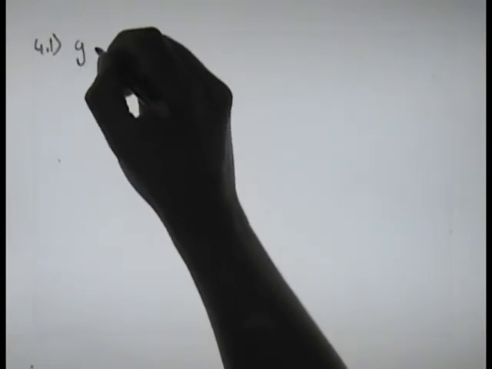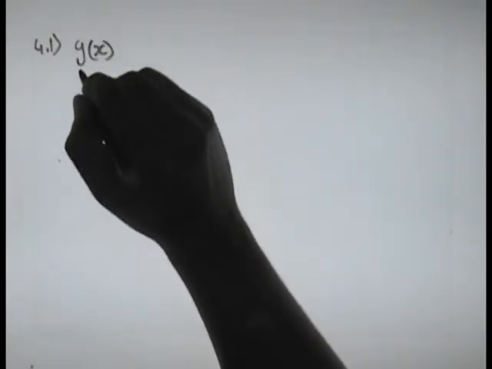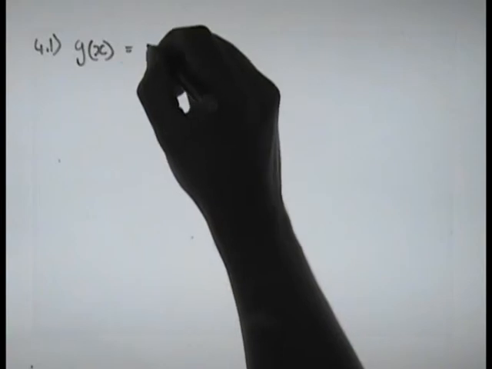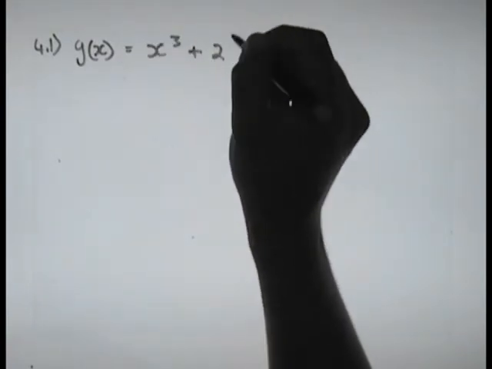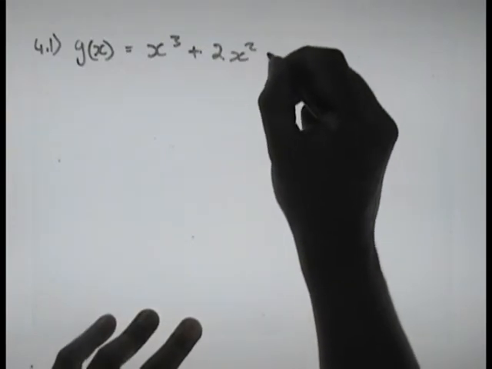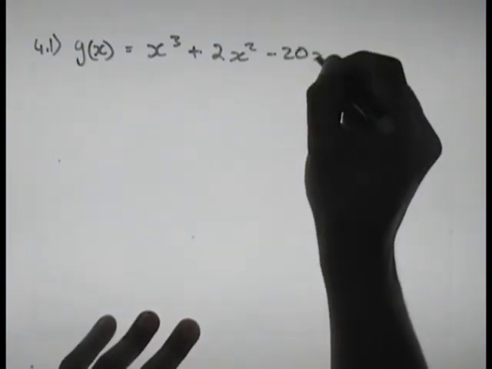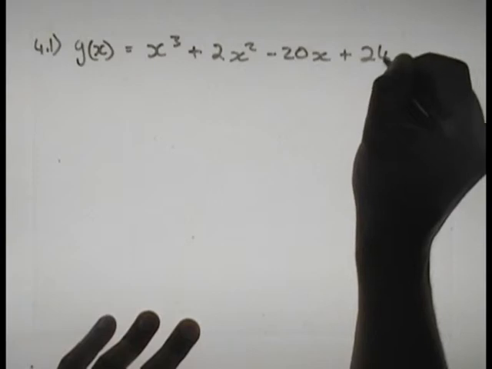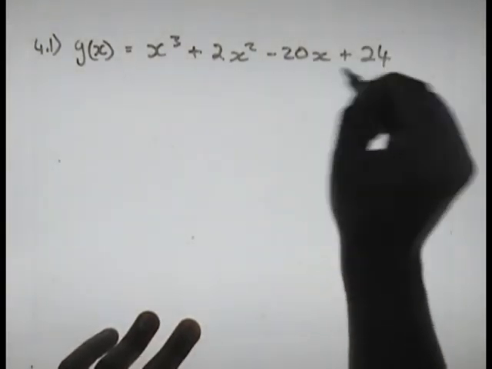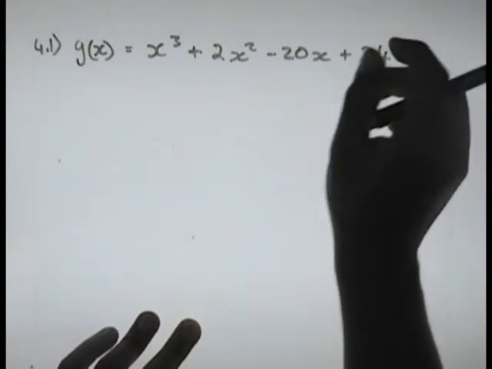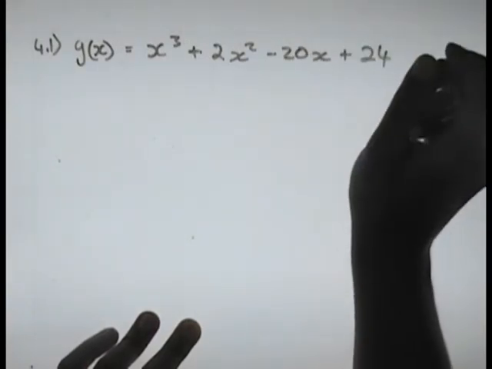For number 4.1, the only information I gave was g of x is equal to x cubed plus 2x squared minus 20x plus 24. How do I find out what are the factors? I need to start by finding at least one factor.